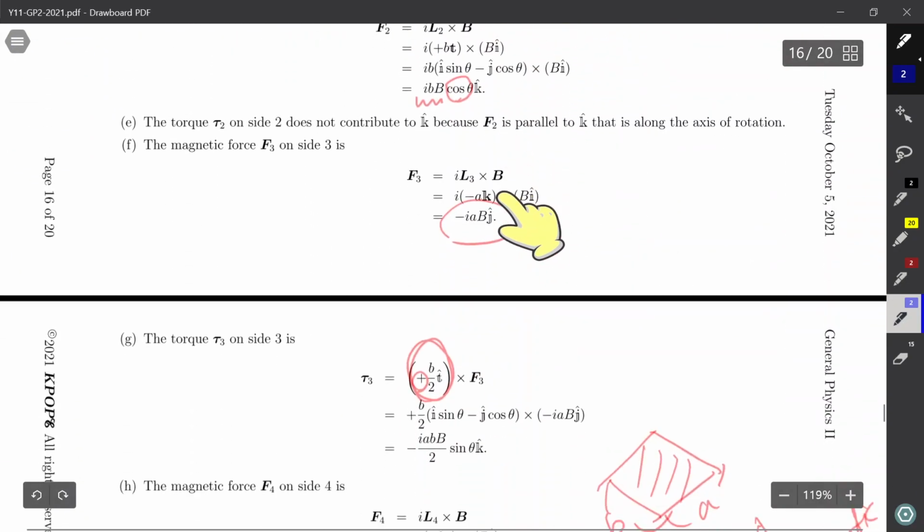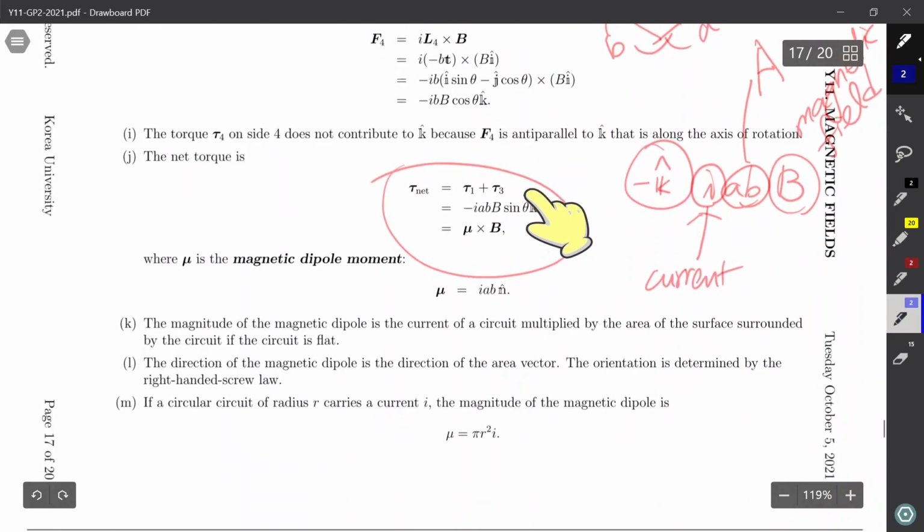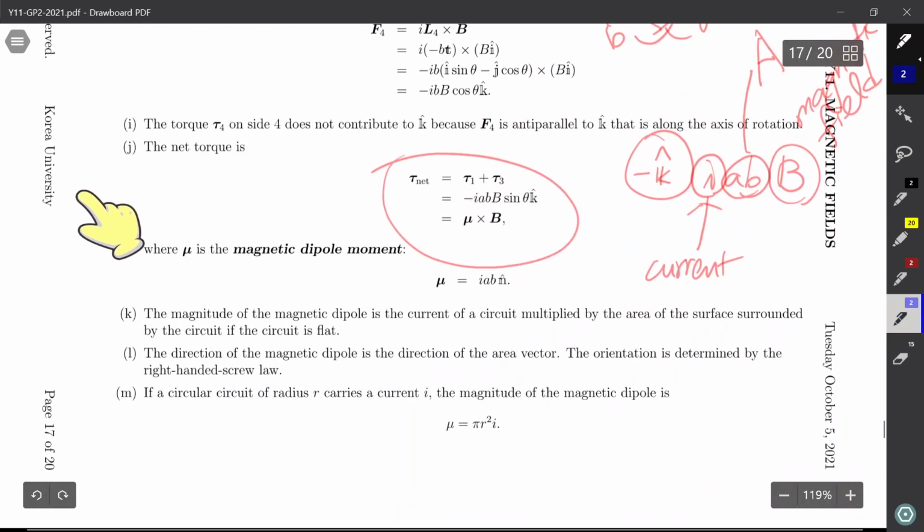Hence, we have minus k hat, I a b B sine theta.